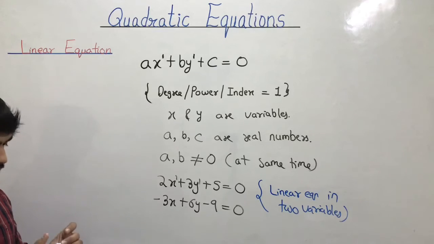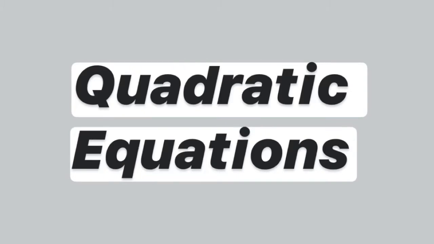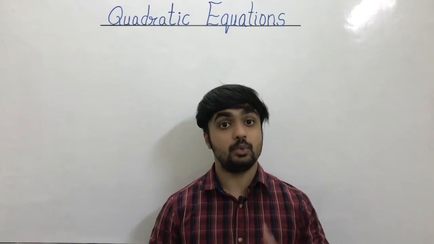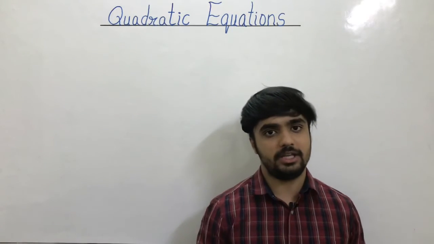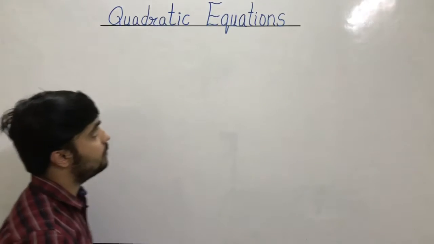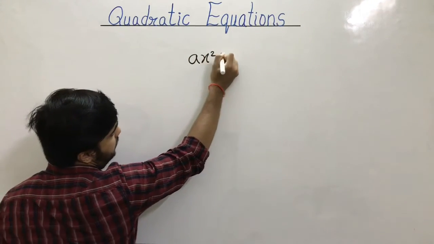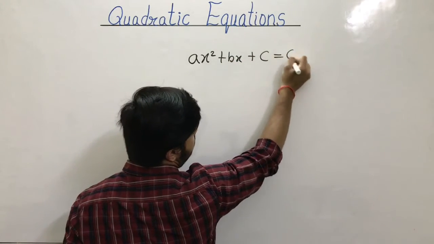Now let's learn about quadratic equations. An equation involving only one variable and having 2 as the maximum power or index is nothing but a quadratic equation. So let's see the general form of a quadratic equation: ax square plus bx plus c is equal to 0.